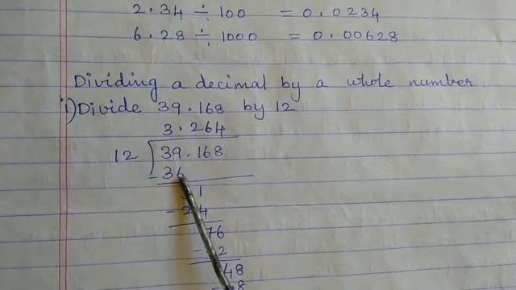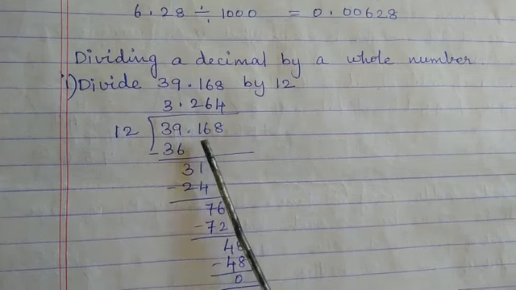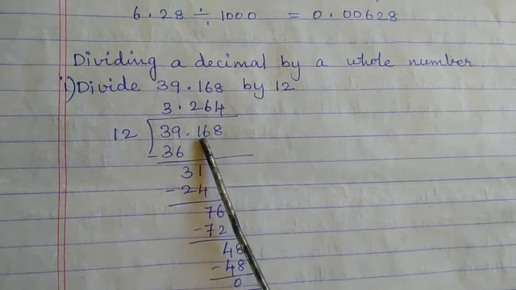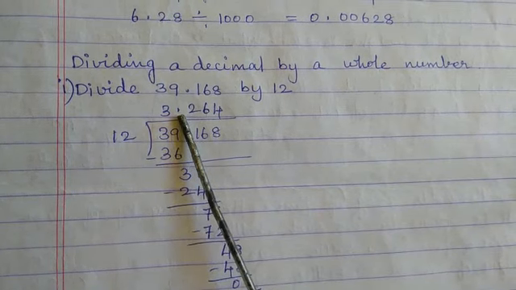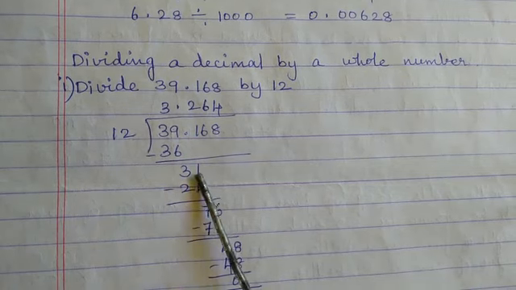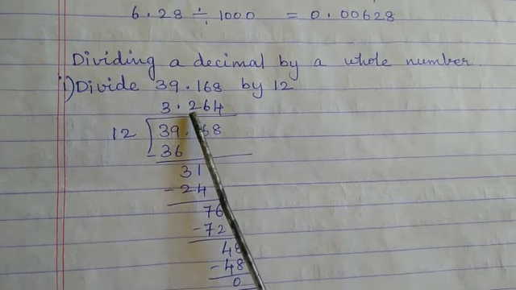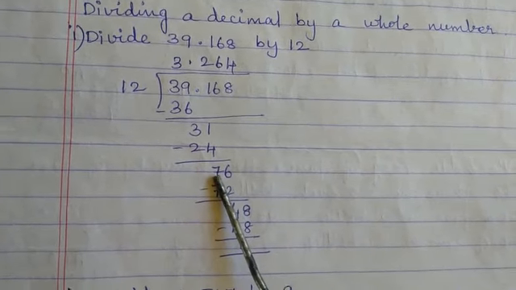3 12s are 36, then subtract, the remainder is 3. Now we have to take the other digits after the decimal point, that is 1, bring it down. So in the quotient we put the decimal point, then we take the digits down, that is 31. 31 divided by 12, the quotient is 2. 2 12s are 24, the remainder is 7.